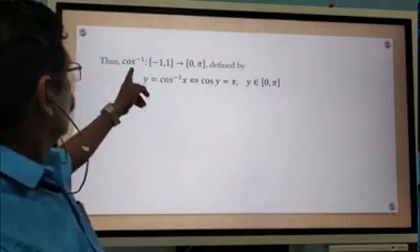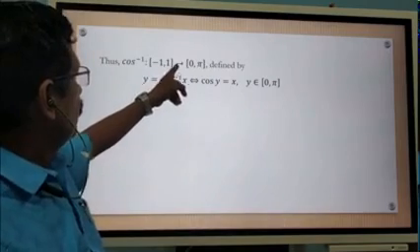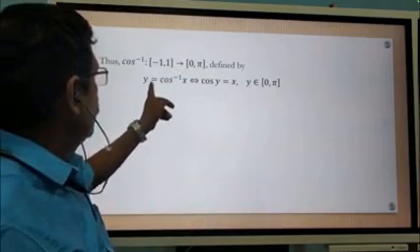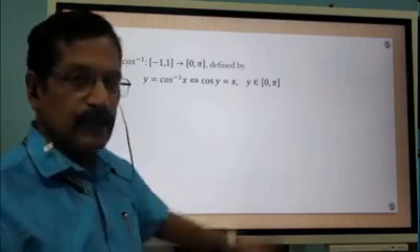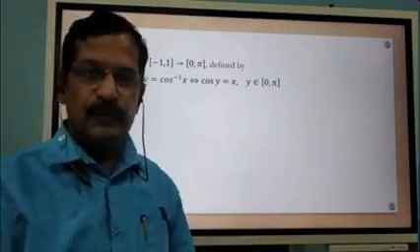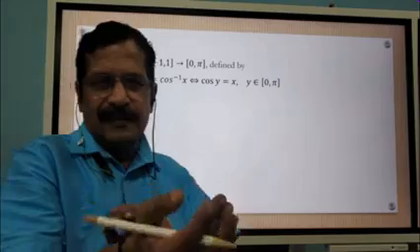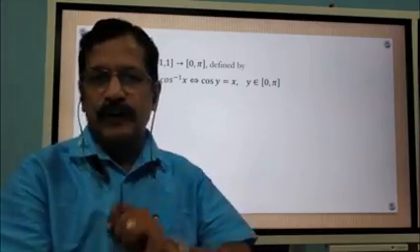Thus, cos inverse from minus 1 to 1 to 0 to pi is defined by y is equal to cos inverse of x, which implies and is implied by cos y is equal to x, where y is an element of 0 to pi. This is just the procedure of writing the inverse.